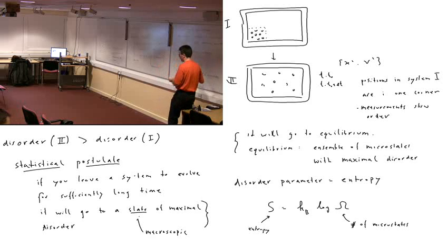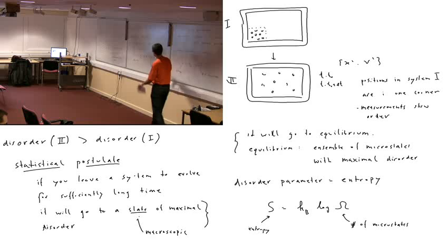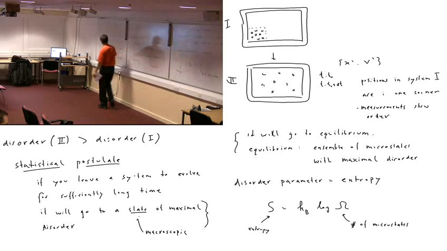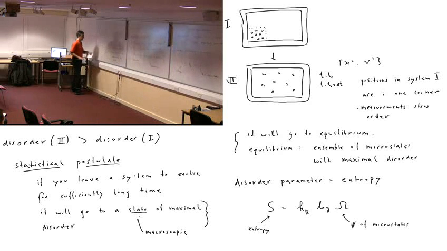And of course, it's the number of microstates compatible with the external parameters which you keep fixed. So if I talk about the number of microstates of this system, for instance, then it's the number of microstates compatible with the fact that we are at a certain temperature, that the box has a certain volume, and that there's a certain total energy stored in this system.